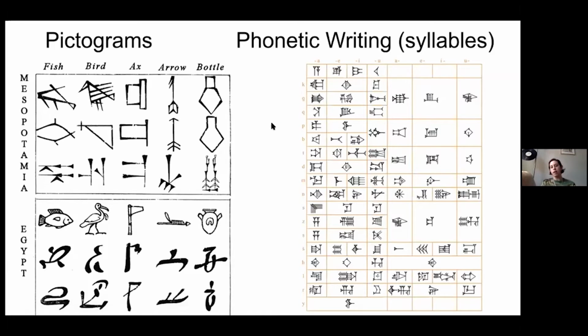It wasn't even just a letter like we write today, where P just stands for P or L just stands for L. They were actual syllables. For example, this one is Ka, this one is Ke, and this one is Ku. Or this one is Pa, this one is Pu. So this is a slight development from the pictograms.